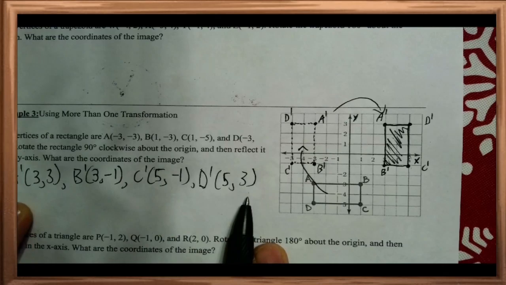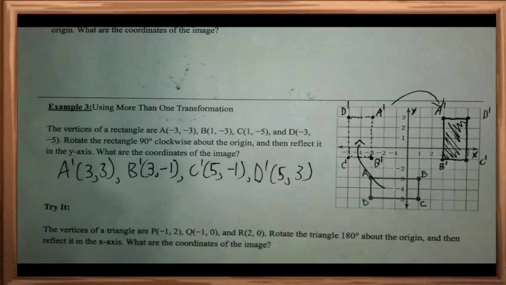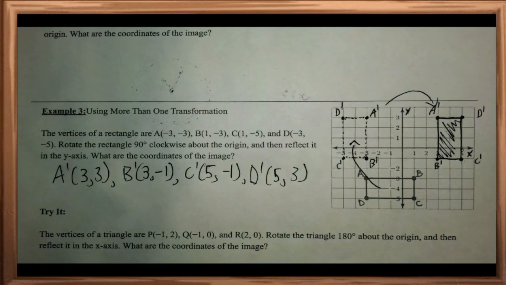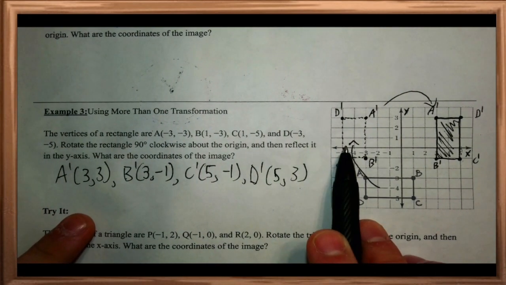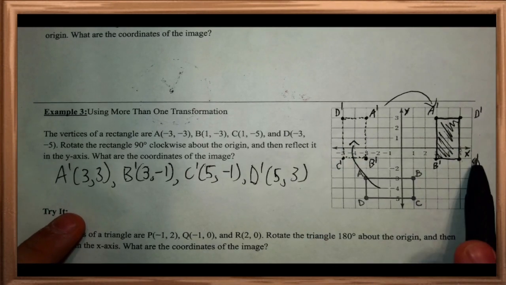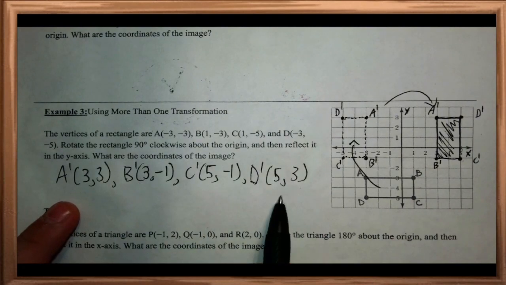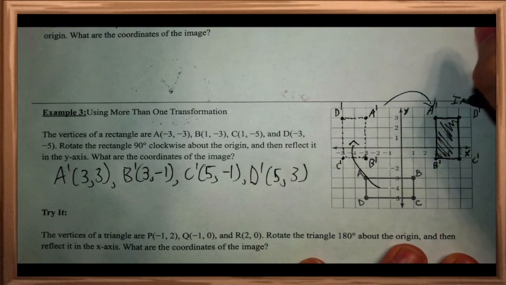And that's our final result, right? Because now, after all of that work, we've rotated 90 degrees and then reflected on the y-axis to give us our final coordinates of our image, right? This is our image.